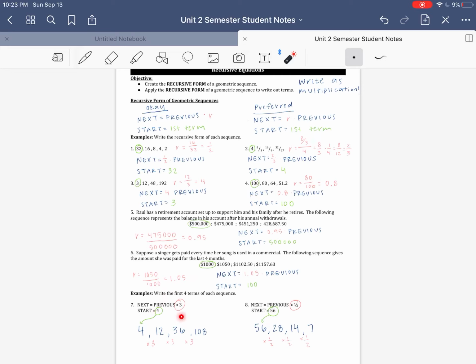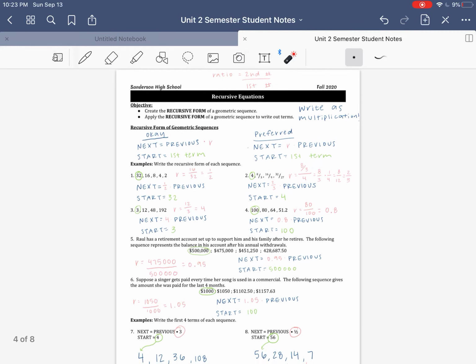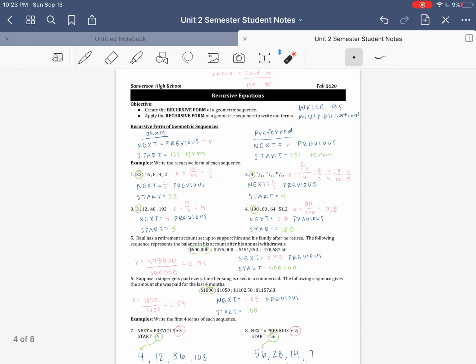When we were multiplying by 3 in number 7, our numbers were increasing as well. When we multiply by a fraction that is smaller than 1, so all the other examples like 1/2, 2/3, 0.8, 0.95, or another 1/2, our numbers are going to decrease. So when r is greater than 1, we are increasing, and when it's lower than 1, we are decreasing.